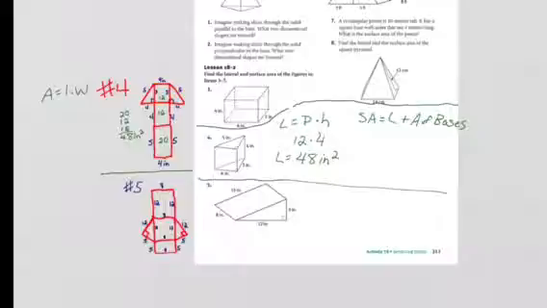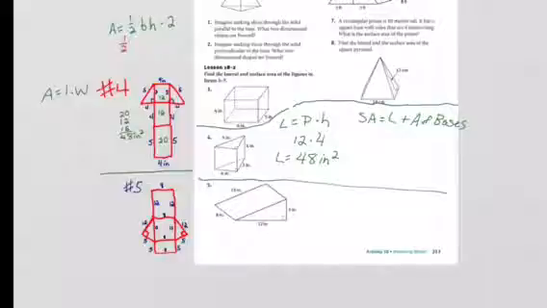Above the net of question 4, I'm going to write the formula: area equals 1/2 base times height. Then we multiply by 2 because we have two triangles that are our bases. Underneath it, I'll write out what I know.